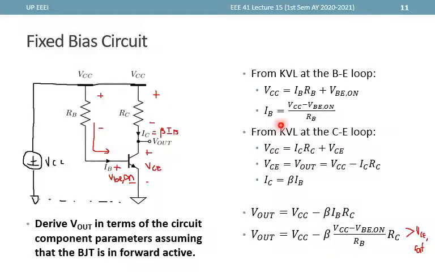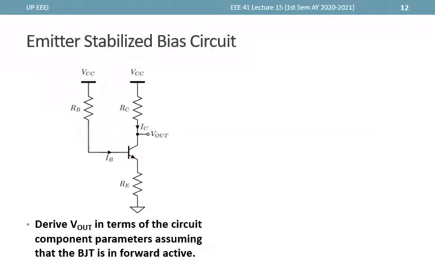Okay, however, IB is easily controlled since this is approximately VCC minus VBE on over RB. However, when we convert that to IC, that's where the problem is. So IC is the one that is a bit hard to control. So to achieve a more stable DC bias point, what you can do is add an emitter resistor and get this emitter stabilized bias circuit.